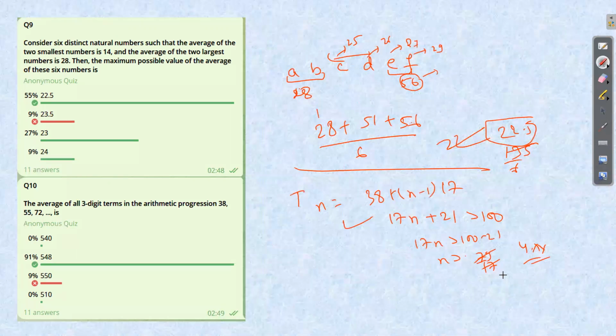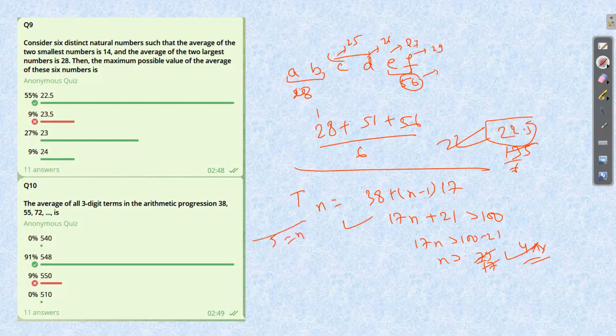So n has to be greater than 4.6, so n equals 5.